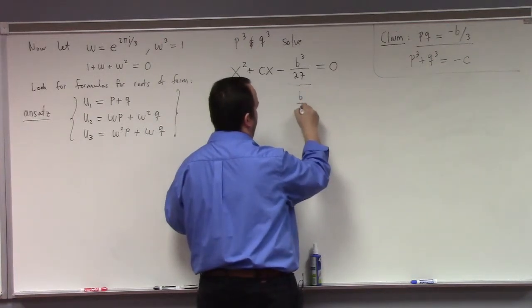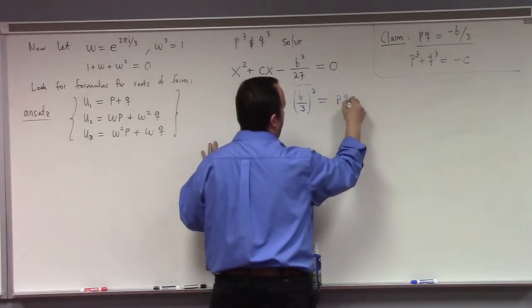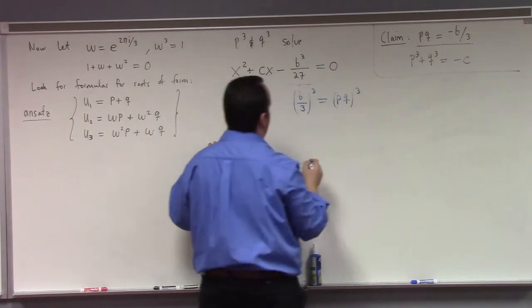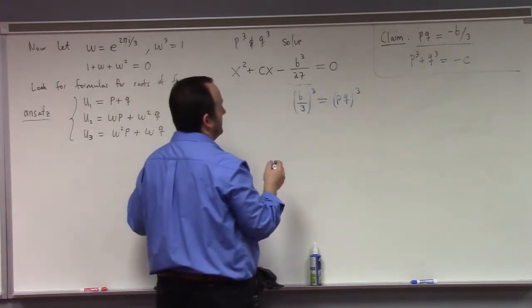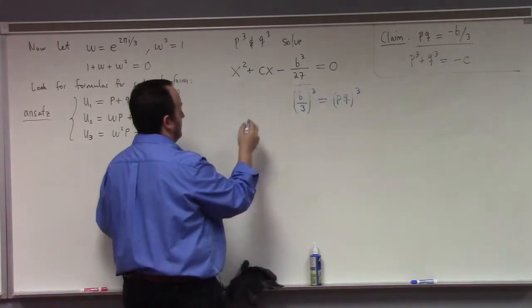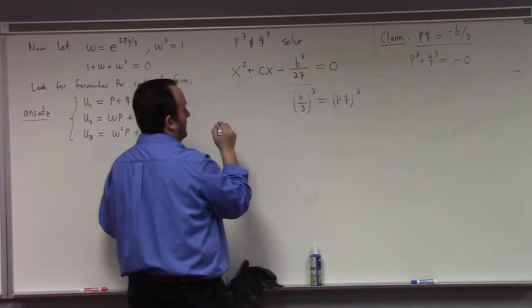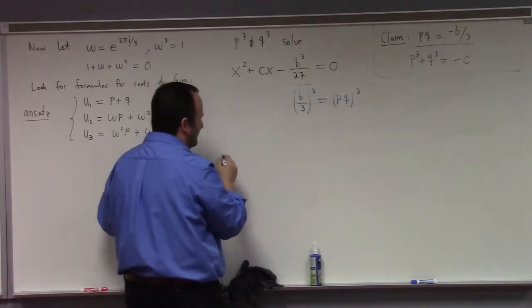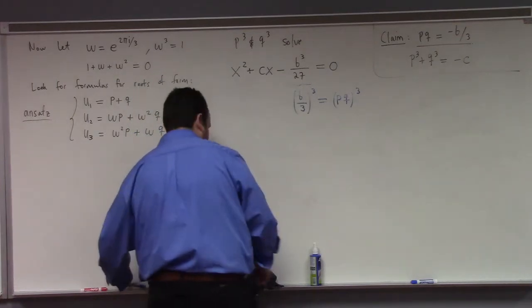And so the quadratic is x minus p cubed times x minus q cubed.